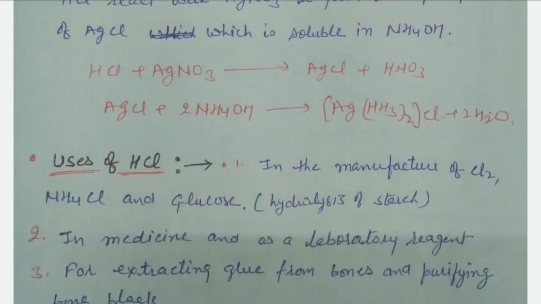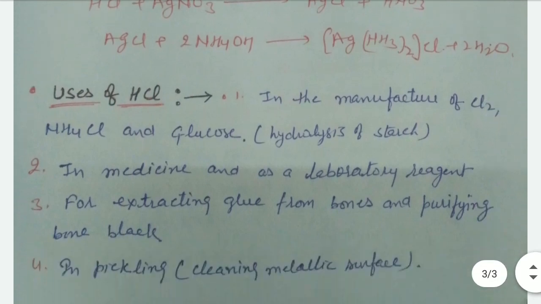There are some uses of HCl. HCl is used in the manufacturing of Cl2, NH4Cl, and glucose, by hydrolysis of starch to form glucose.